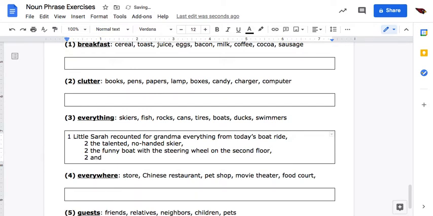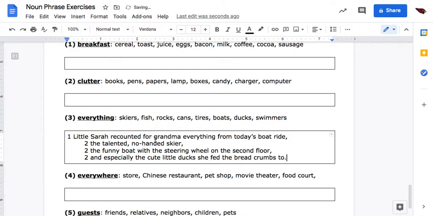Even though I'm using the word and, this is not a list. These are 3 separate free modifier noun phrases. And especially the cute little ducks she fed the breadcrumbs to.